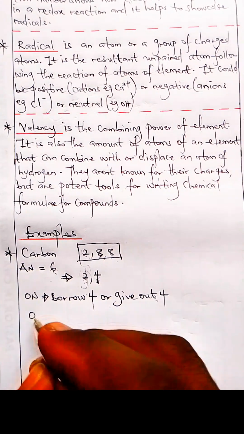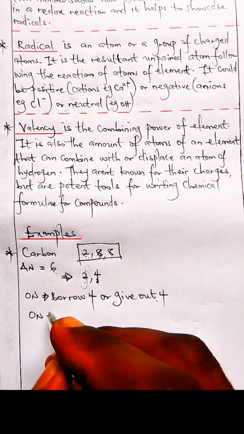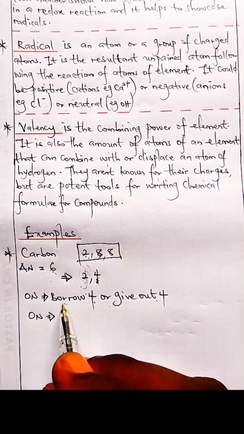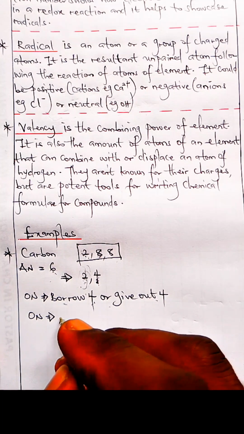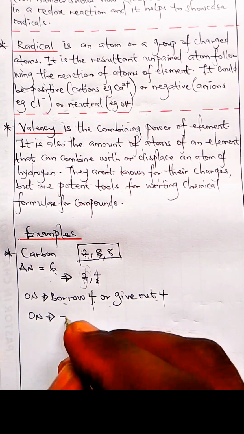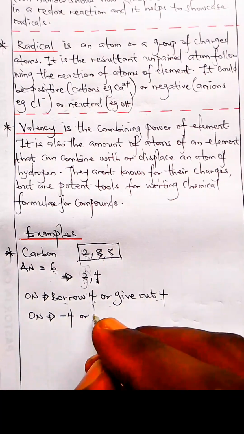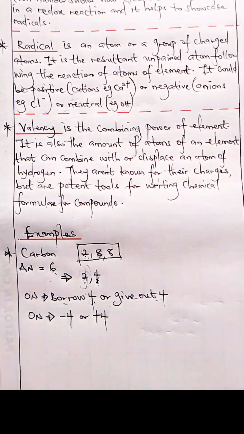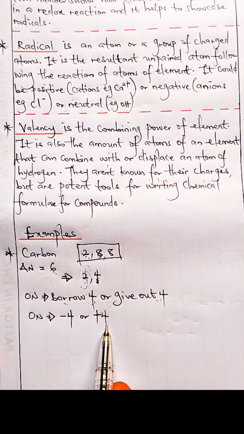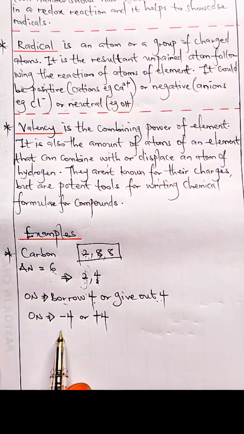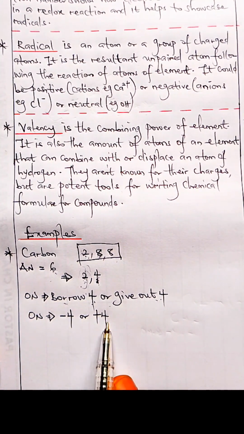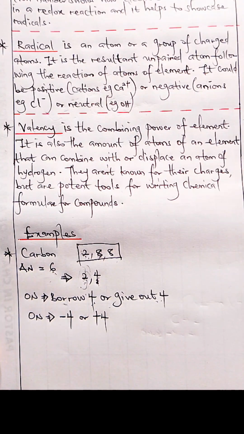So what does that mean for the oxidation number of carbon? When it brings in electrons, it becomes negatively charged. That's the radical we're talking about. It becomes -4 when it borrows. When it gives out 4, it becomes positively charged. So the oxidation number for carbon is either -4 or +4. It can't exceed this; it lies between -4 and +4. It depends on the kind of chemical compound we're talking about.